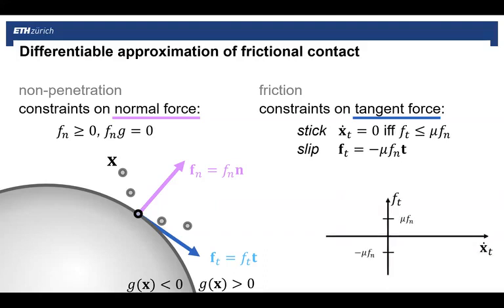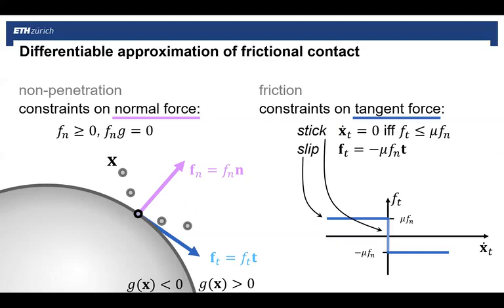Now, if we are to visualize the magnitude of the friction forces as a function of the relative velocity, they will look something like this. We can clearly see the stick and slip phases of frictional contact.